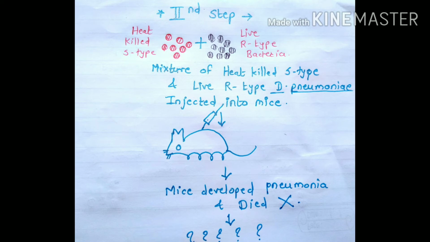Okay, but the question is how this happens, because the S type bacteria, that means pathogenic bacteria, which were injected into the mice, were heat-killed, that means they are dead. Then the question is how R type bacteria, that means non-pathogenic bacteria, get converted into the S type bacteria.